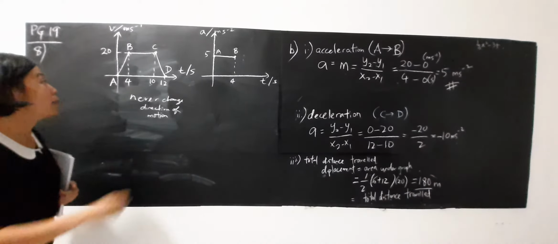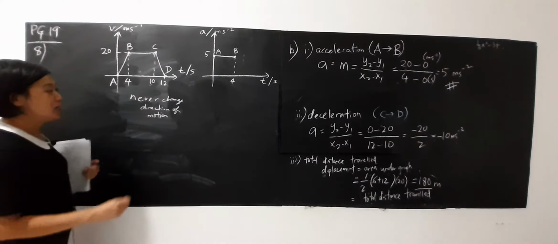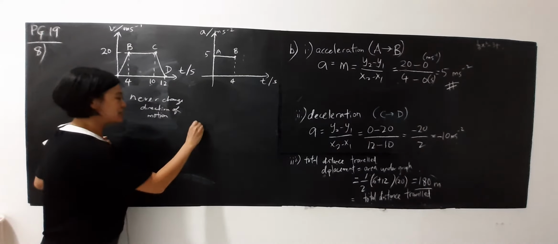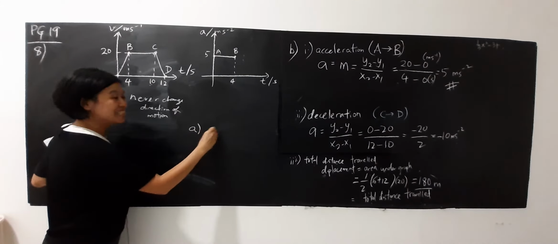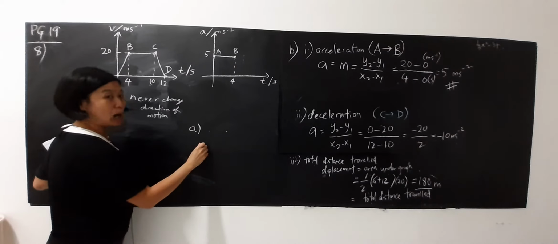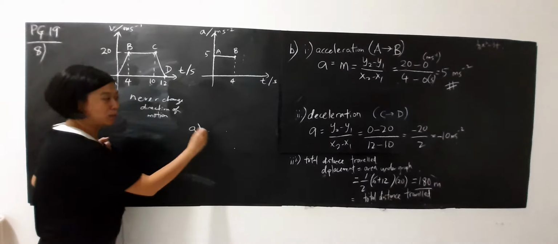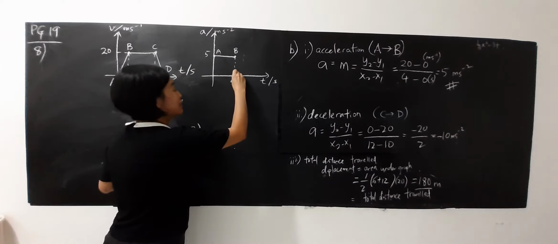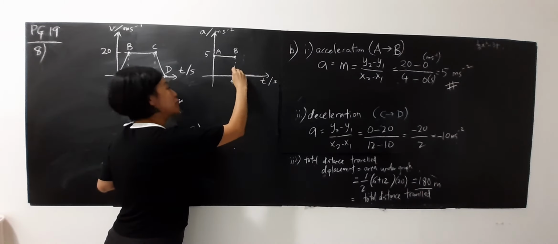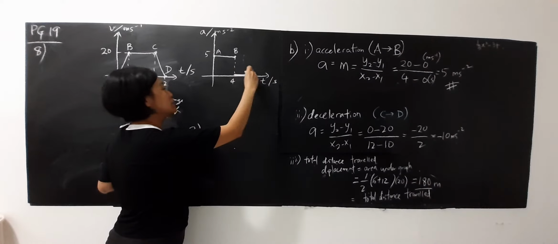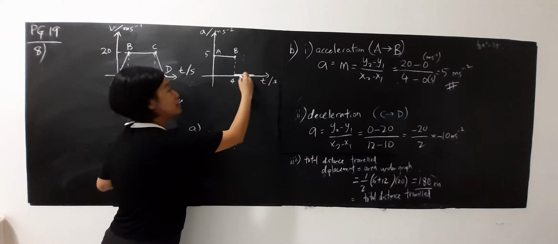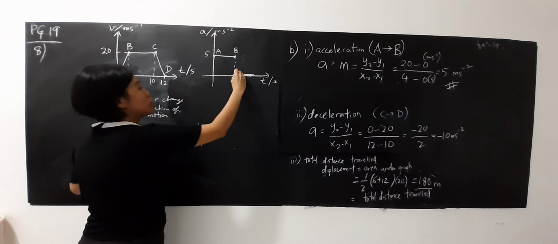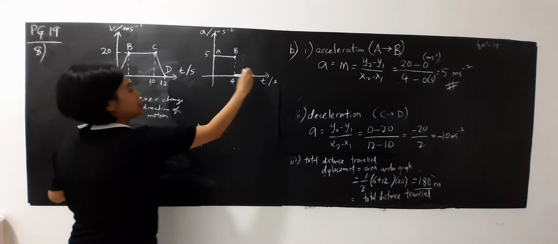That's it. How about BC? For BC, I know from part A we have already stated the acceleration: 0 acceleration, right? You look back at the answer for part A, 0 acceleration. 0 acceleration means the value of a here should be 0, which is here.